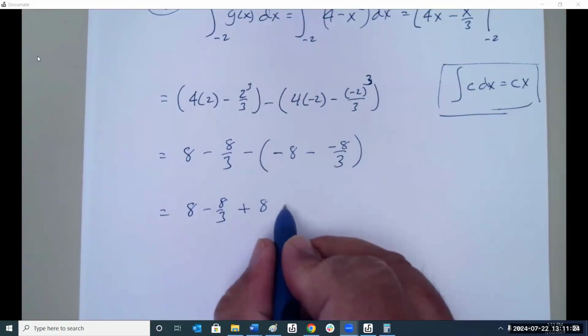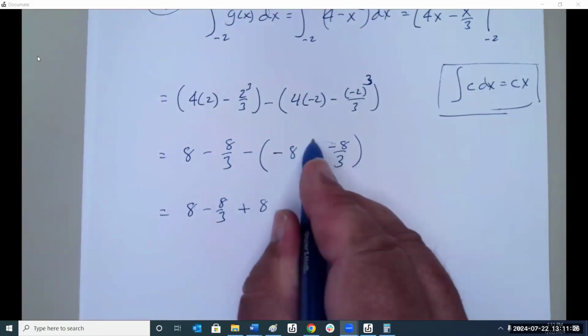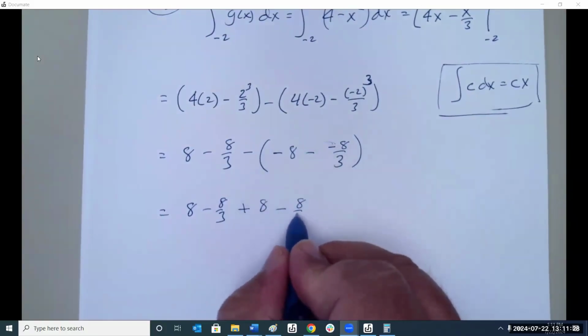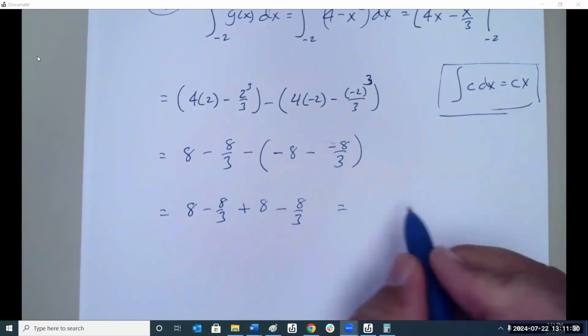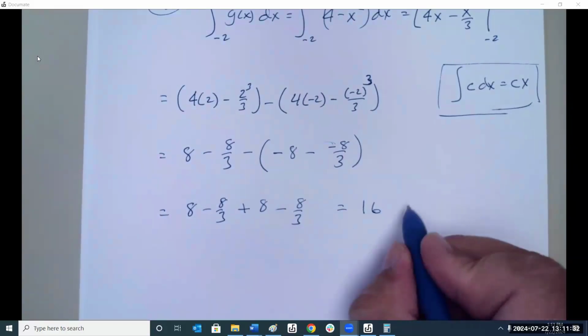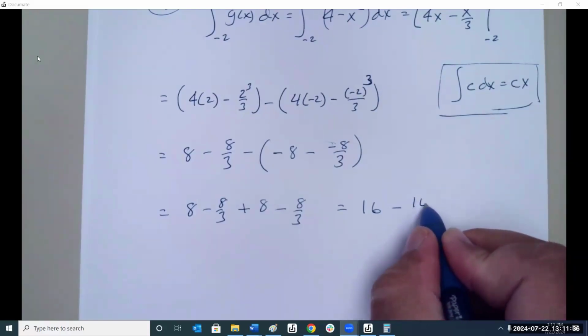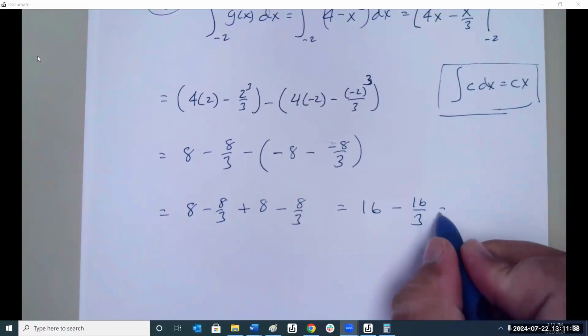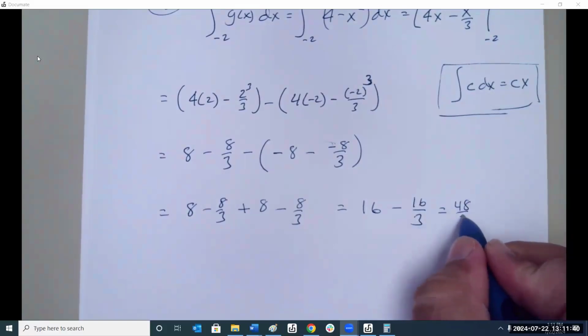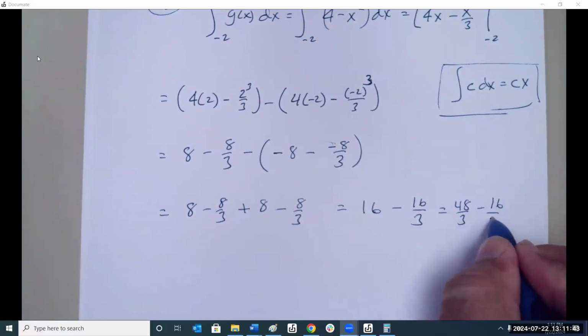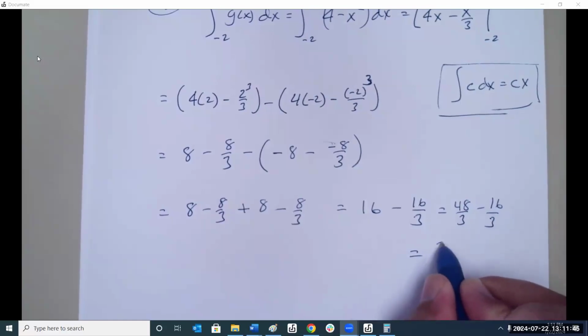That's a plus, that's a minus. So 16 minus 16 over 3. 48 over 3 minus 16 over 3 is 32 over 3.